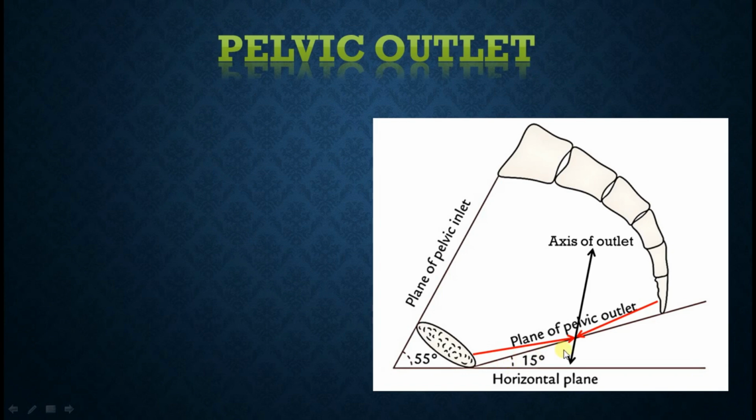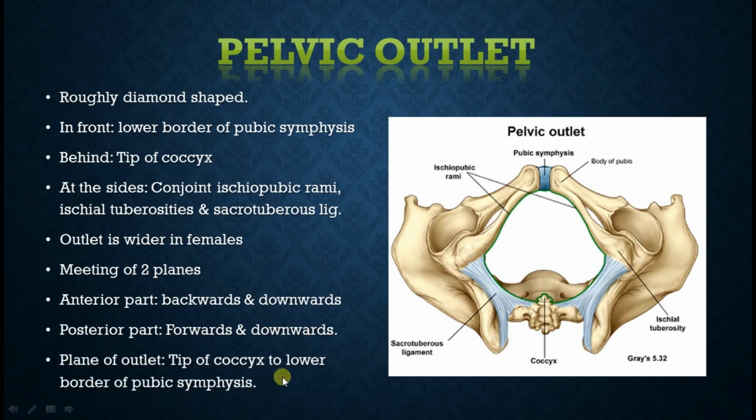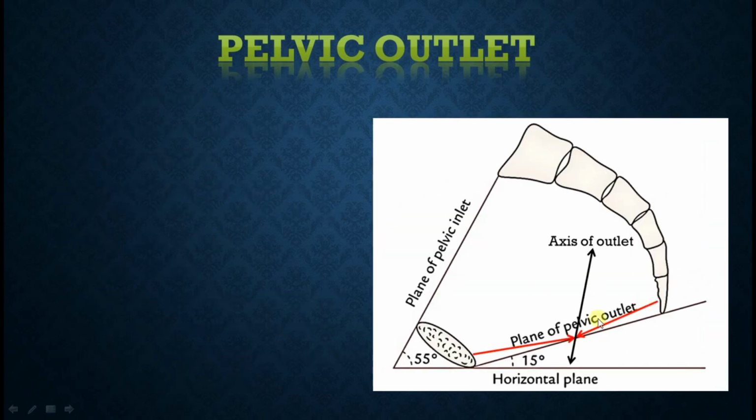So it is actually the plane which is extending from the tip of coccyx to the lower part of the pubic symphysis. So the plane of outlet for all practical purposes is from the tip of coccyx to the lower part of the pubic symphysis.